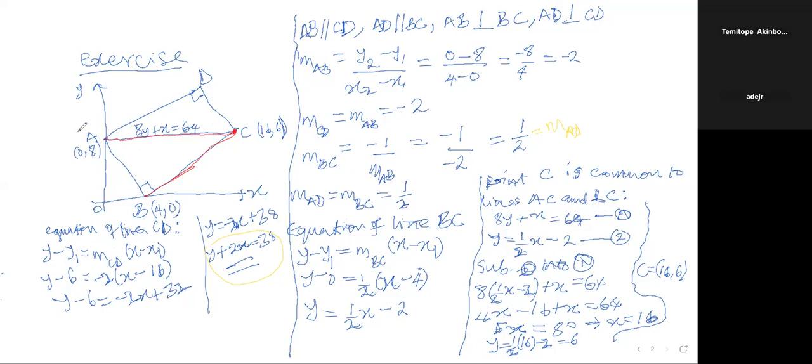So find the equation of line AD using this approach. After you have obtained the equation of line AD, you now solve that simultaneously with this equation that I circled here.